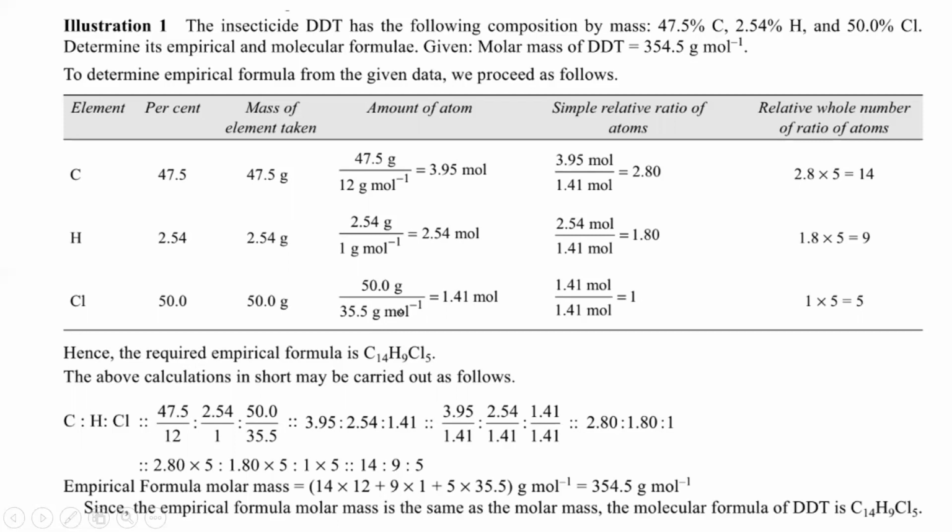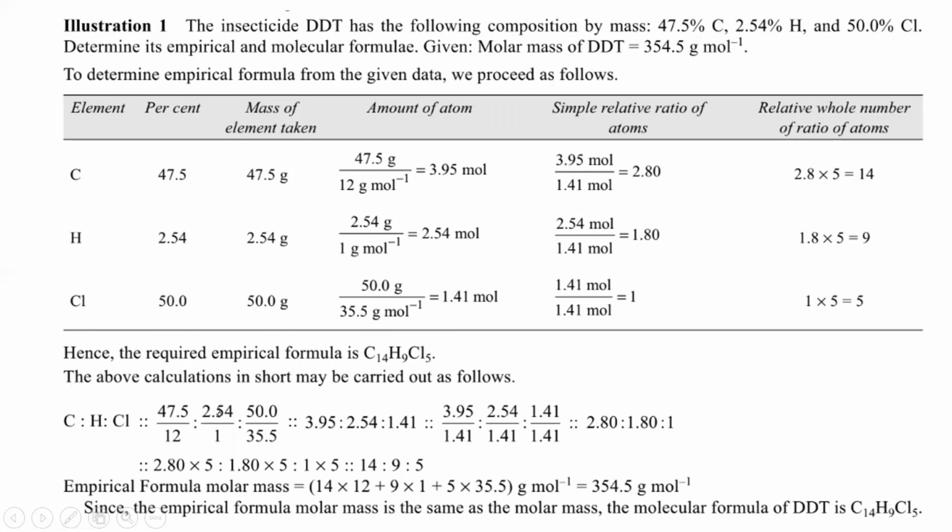Now, the next step: out of all these three, find the least one, and divide the others by the least one. That is the simplest ratio. How to find the simplest ratio? Of all the three amounts we have got, that is 3.95, 2.54 and 1.41, 1.41 is the least.